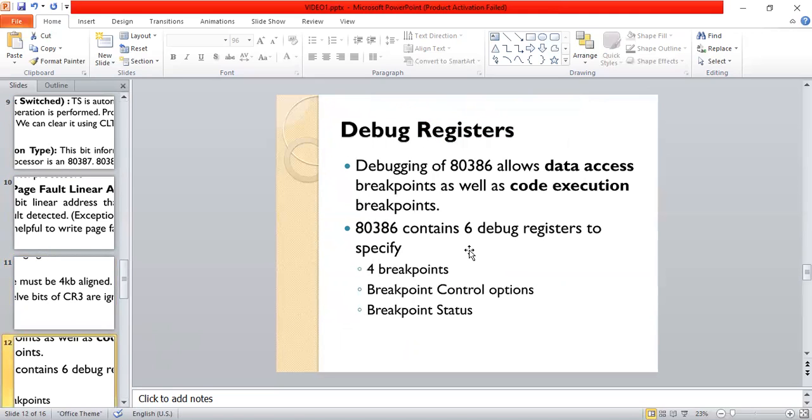The debugging registers of the 80386 allow data access breakpoints as well as code execution breakpoints. The 80386 contains six debug registers to specify the 4 breakpoints, breakpoint control options, and breakpoint status.